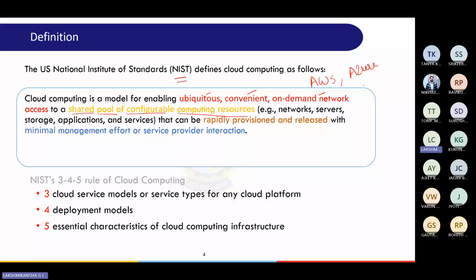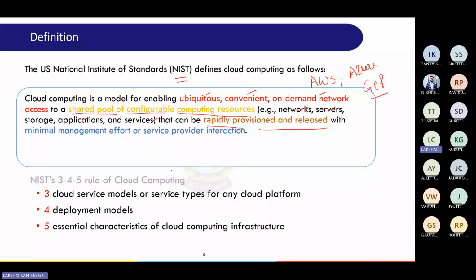The provider has a massive pool of physical hardware, so we can get servers, networks, storage, applications, services. This pool is shared among many customers and the resources are abstracted and configurable. You can select your CPU, RAM, data size, disk size, whatever you want. Correct?